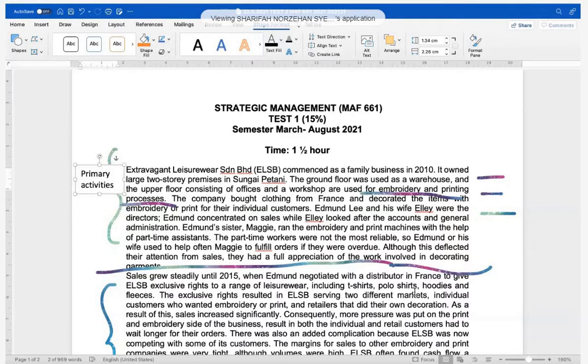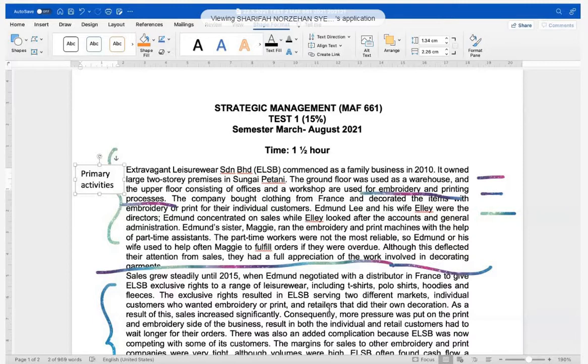What else? It says here that Edmund Lee and his wife Ellie were directors. Edmund concentrated on sales, while Ellie looked after the accounts and general administration. Edmund's sister Maggie ran the embroidery and printing machines with the help of part-time assistants.